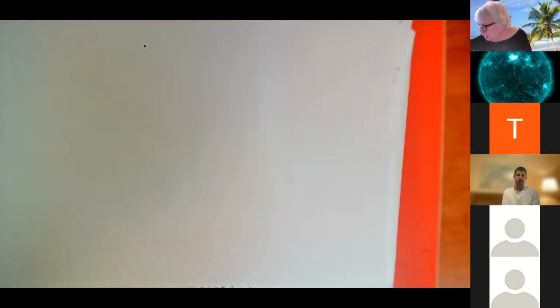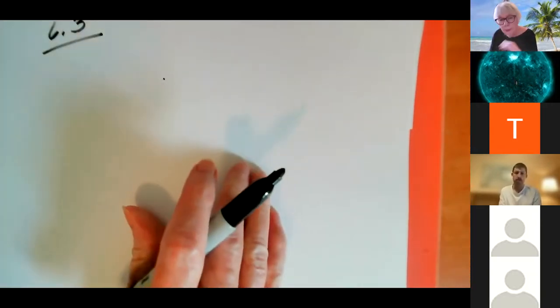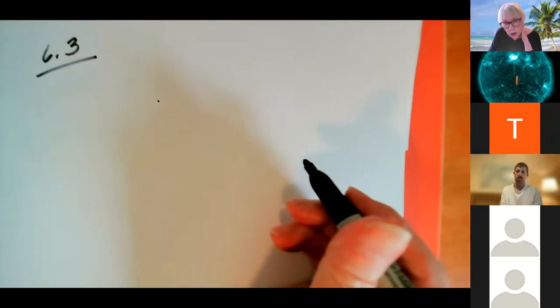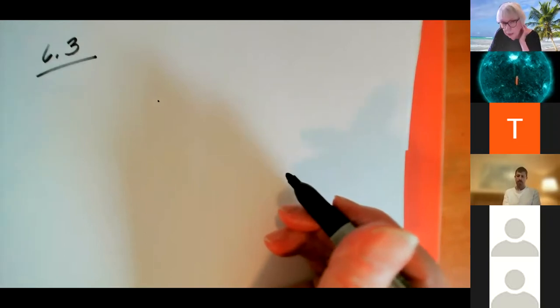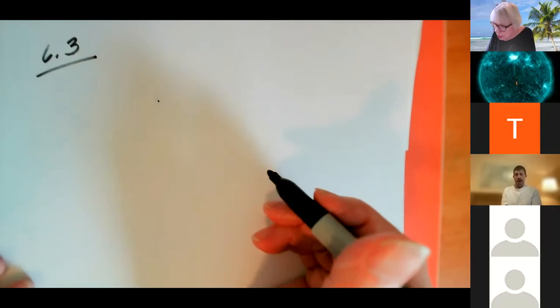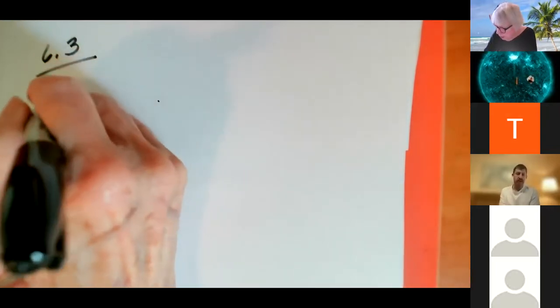Now, the other thing, I wanted to do a couple of problems from 6.3 before I go on. And 6.3, these were like story problems, word problems. One example was the one that was just mentioned about a mixture.